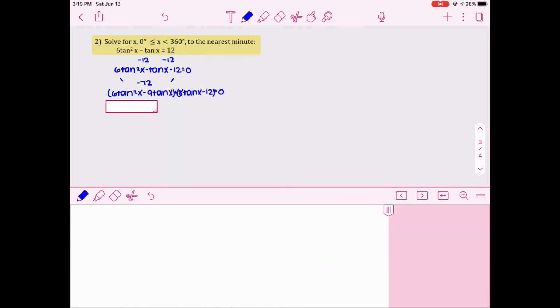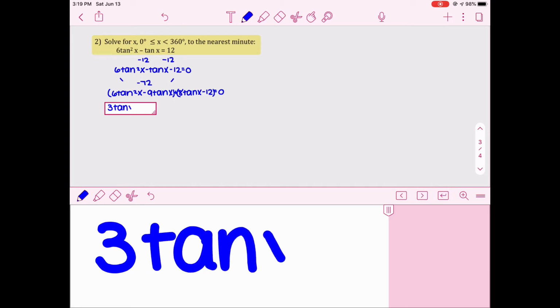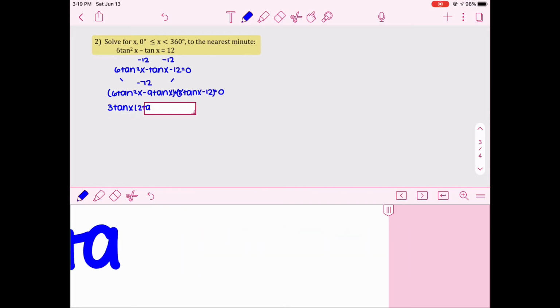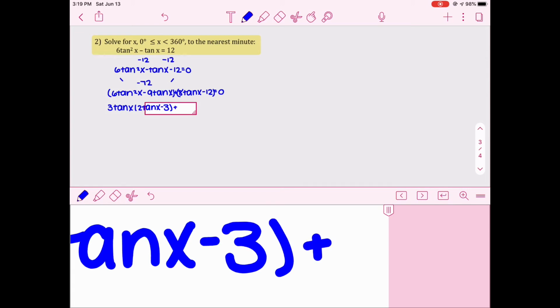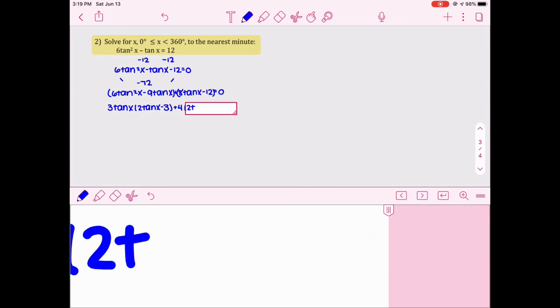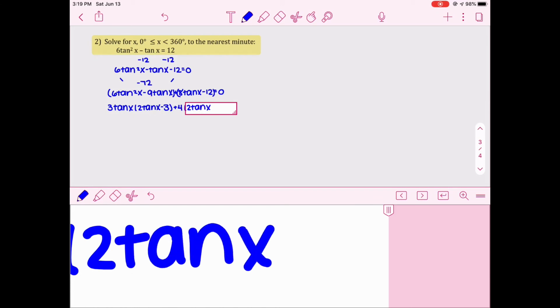So now I want to find the GCF in both of them. So it would be 3 tan x taken out of that, which leaves you with 2 tan x minus 3. Then you go to the next one, and we would take 4 out of it, which leaves you 2 tan x minus 3. Notice how it's the same as the previous one.